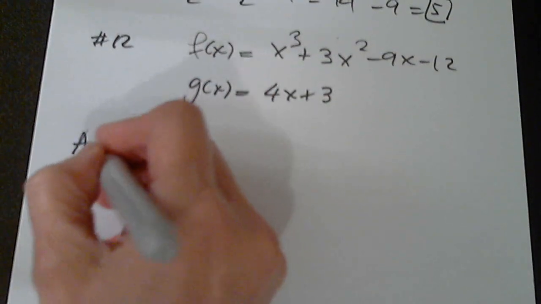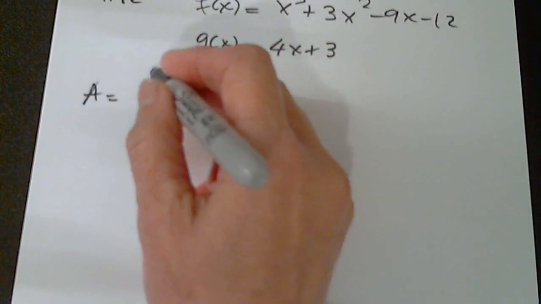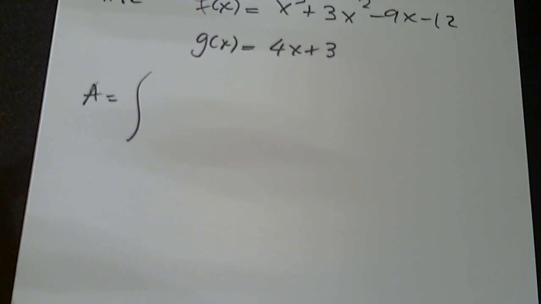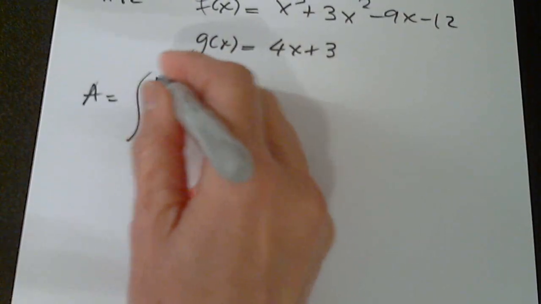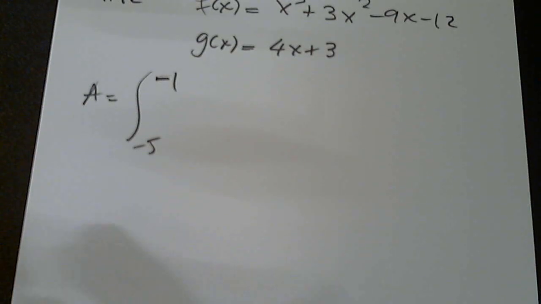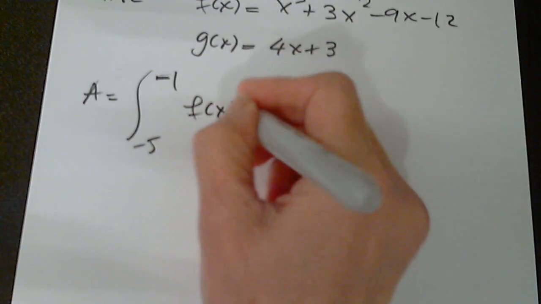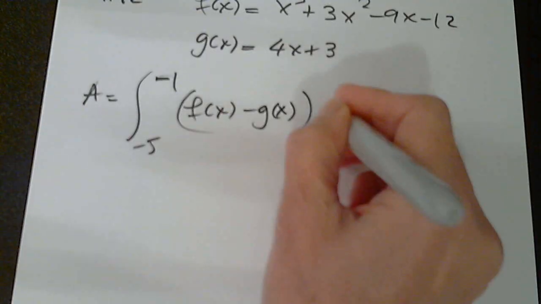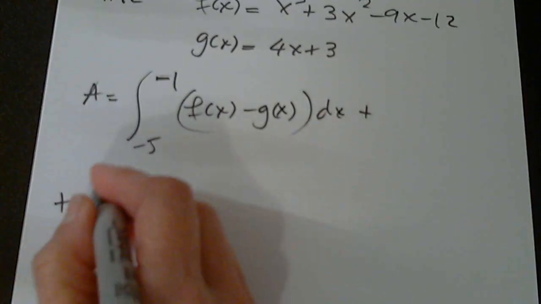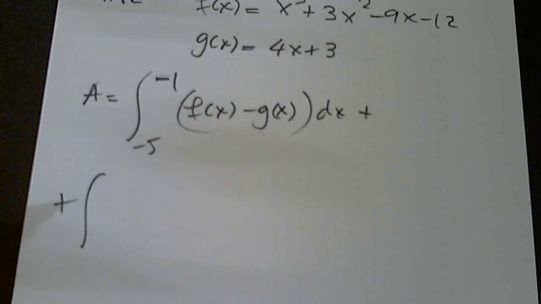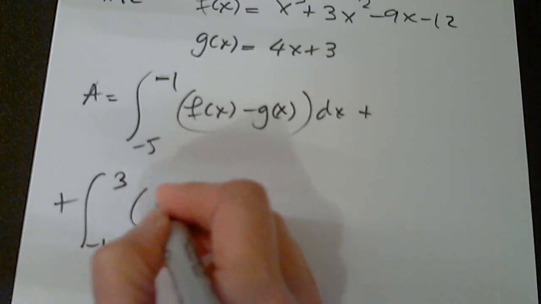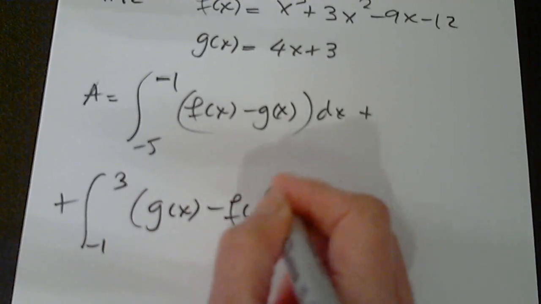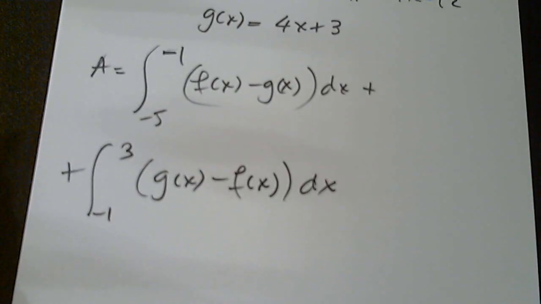So the total area will be the definite integral from -5 to -1, from above, which is f of x, I'm just going to write it like this first, minus g of x, plus the integral from -1 to 3 from above, which is g of x, minus below, which is f of x dx.